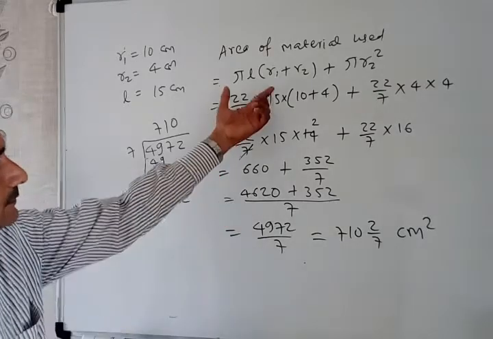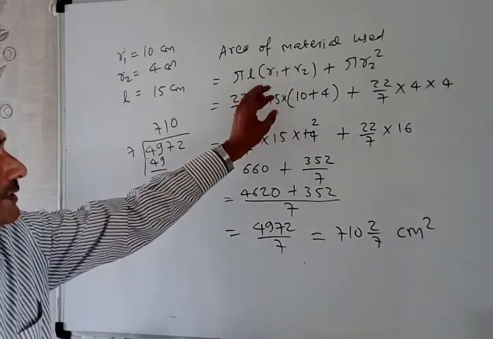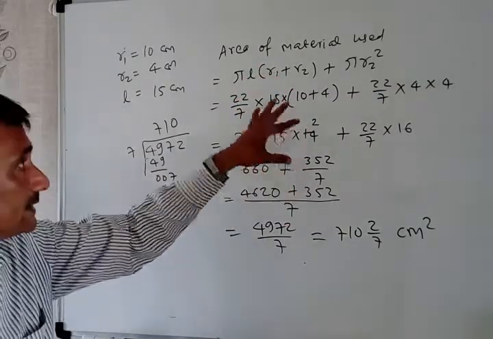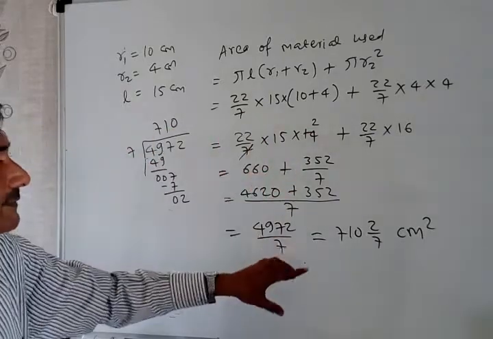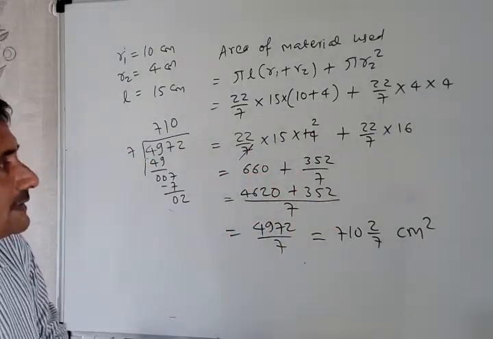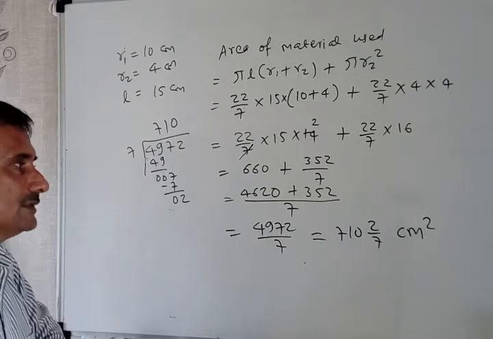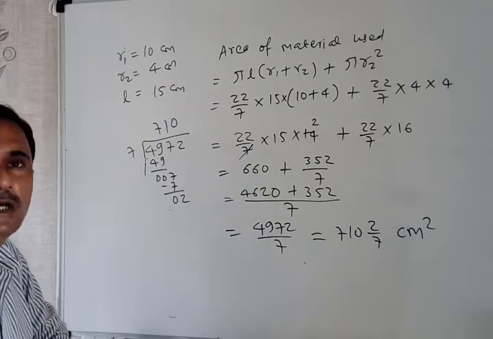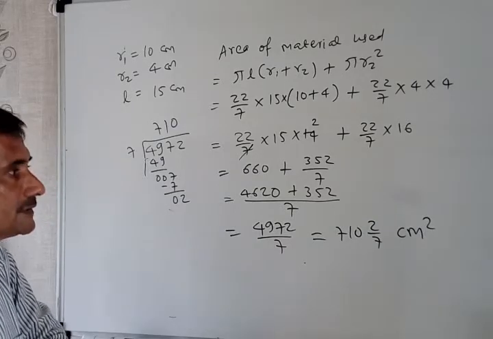Now pi is taken common, otherwise you can place values directly. I just placed values directly and simplified. We got the answer 710 and 2 by 7 centimeter square.